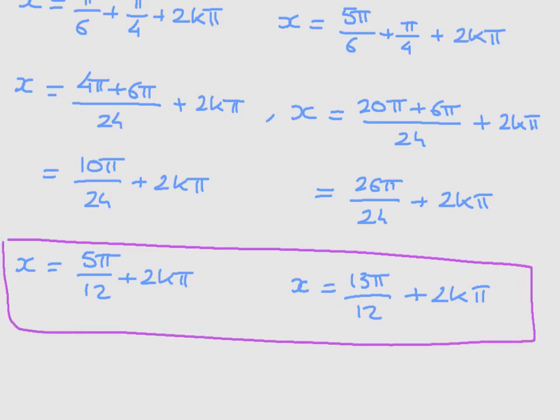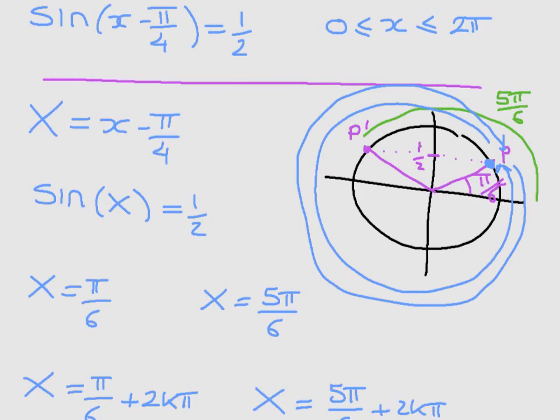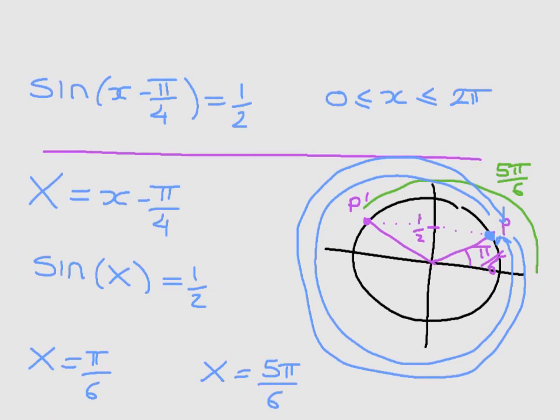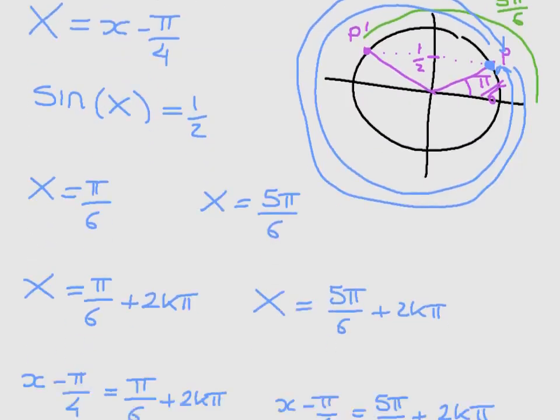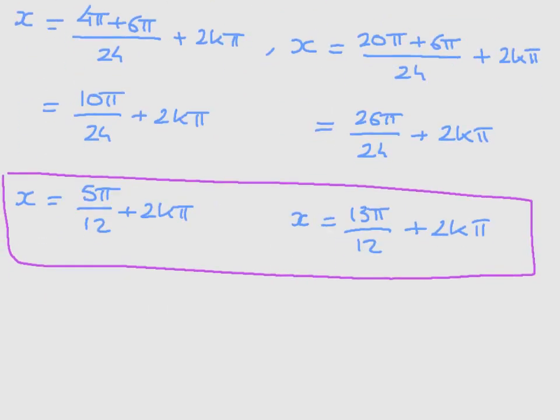What we have to do now is consider different values of k to find the actual solutions within the domain we were asked to solve this equation. What I mean by that is, if I scroll back up for a second, we were asked to solve this equation for x between 0 and 2 pi. So that's what we have to take care of now.